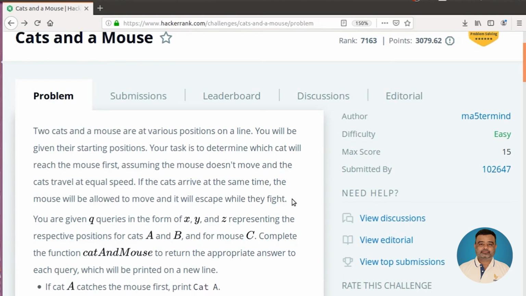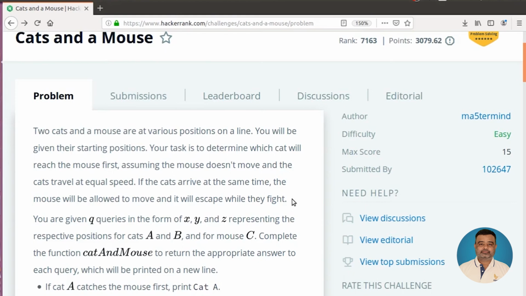So we have understood what the input is. They'll give you the starting positions of both the cats and the mouse, and your job is to find out which cat is going to reach the mouse first, or if both reach at the same time, then the mouse escapes.